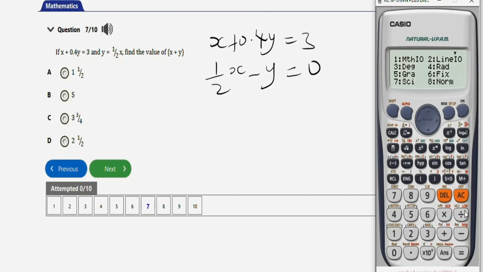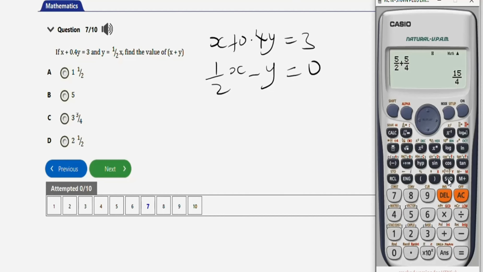Press mode 1. So it will be 5 over 2 plus 5 over 4. Let's check the output. We have it as 15 over 4.